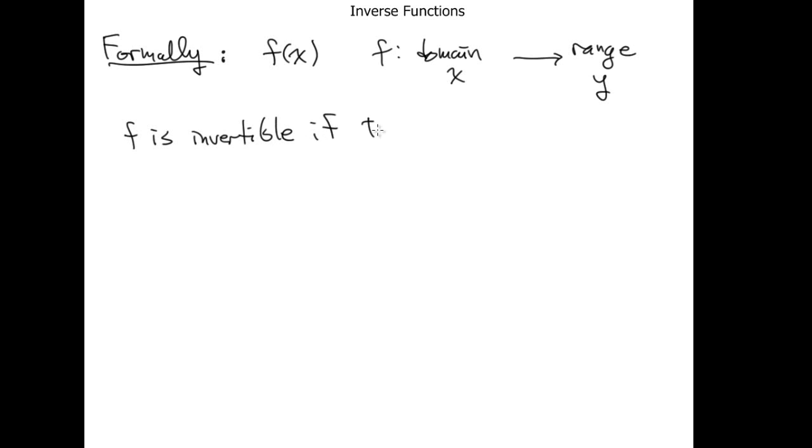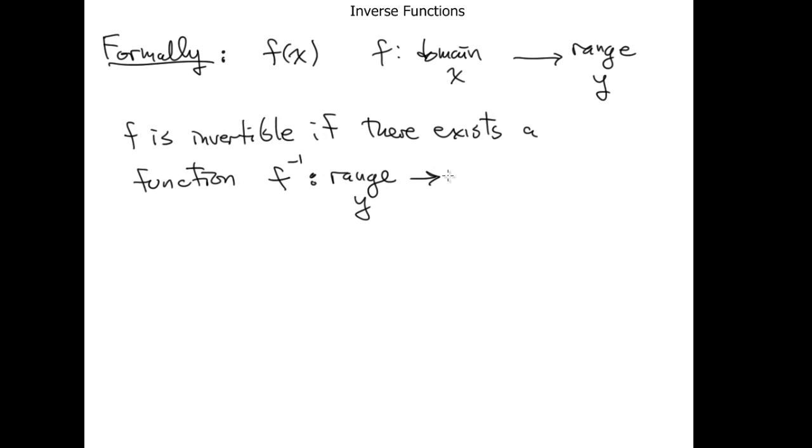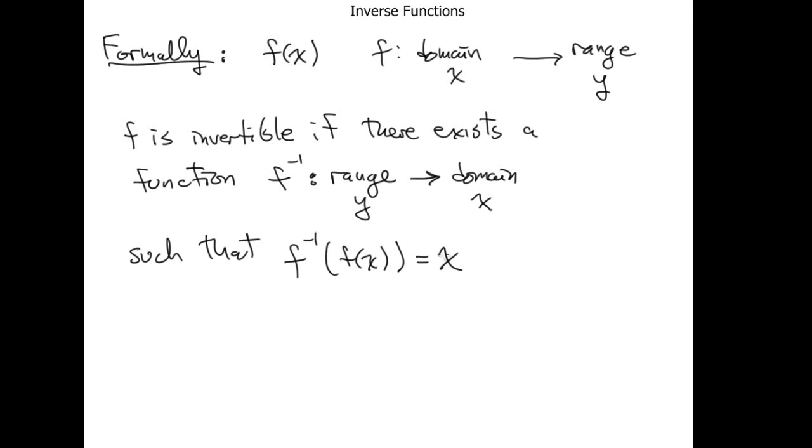And what does it mean to say f is invertible? f is invertible if there exists a function, which we denote f inverse, taking the range, the y's, to the x's, and which recovers x, which is to say such that f inverse of f of x is equal to x for all x's in the domain.